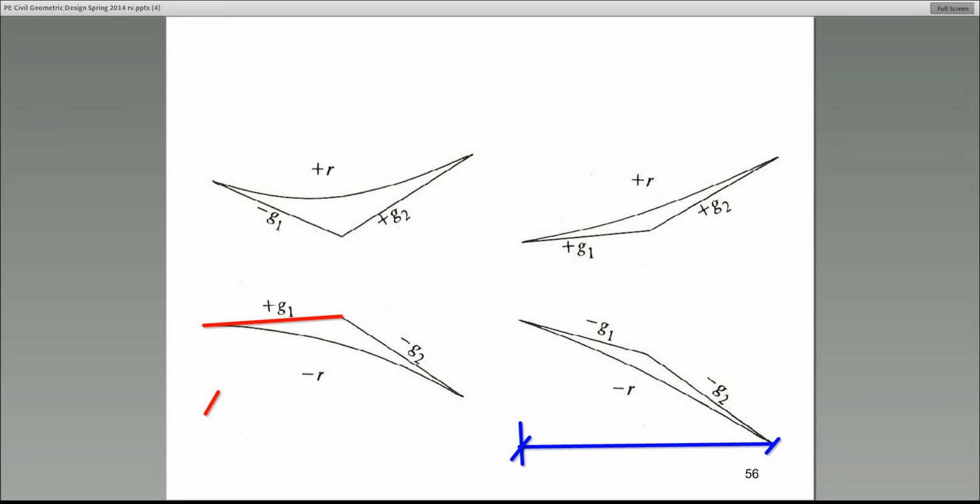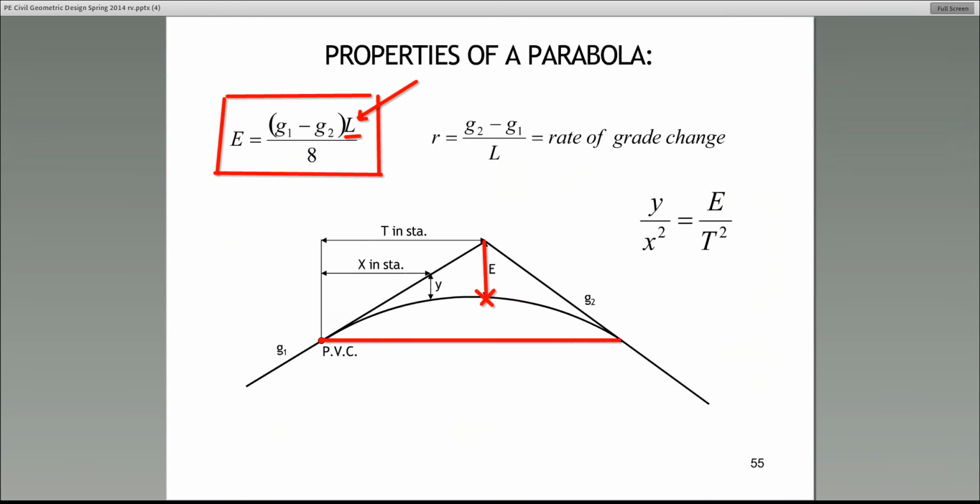That's the slope of the back tangent. G2 is the slope or the gradient of the forward tangent. All right? G1 and G2, either one could be positive or negative. Now let's go back to the previous slide.